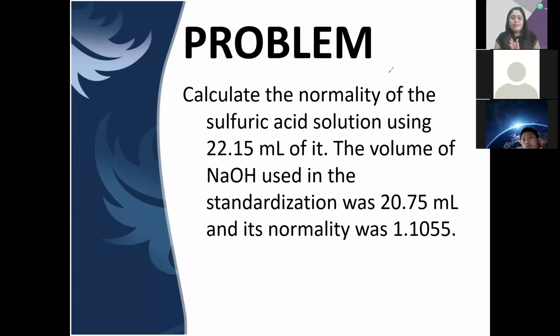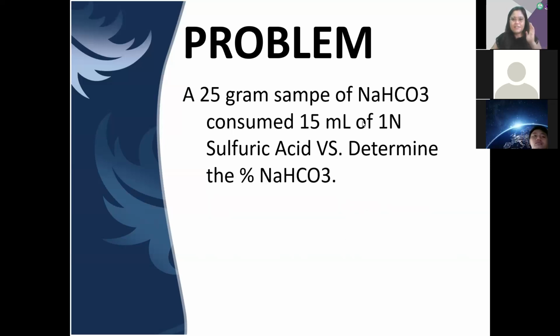Okay? Anything else? Wala na. Okay, so how about this? At 25 grams, this one is sample ha.